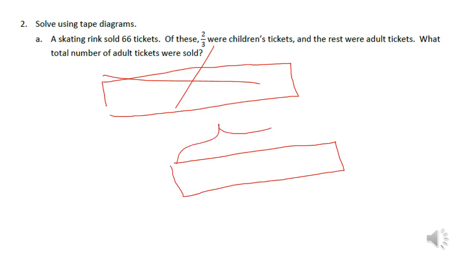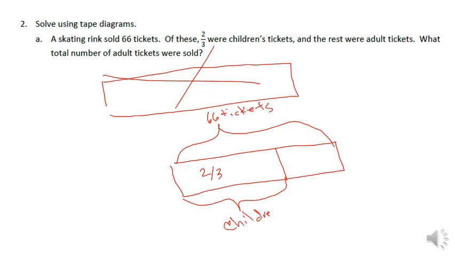And we know the total here were 66 tickets. And it says 2/3 of them were children's. And that leaves the remaining being for adults.